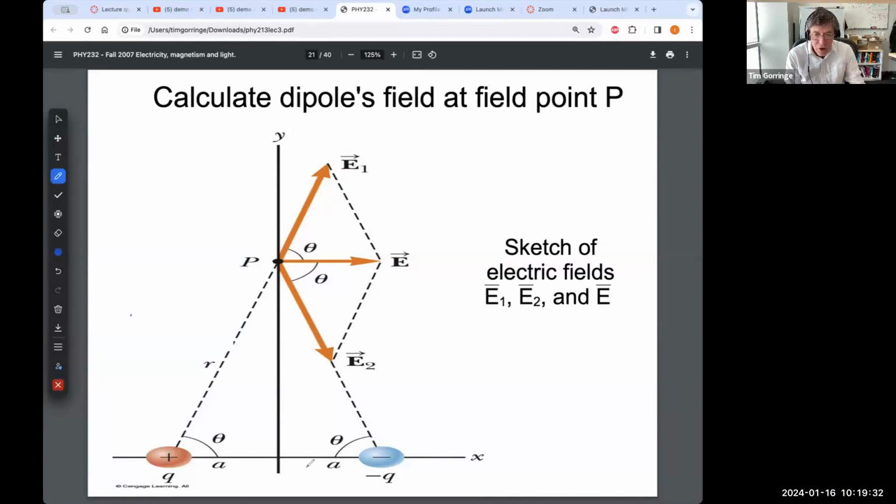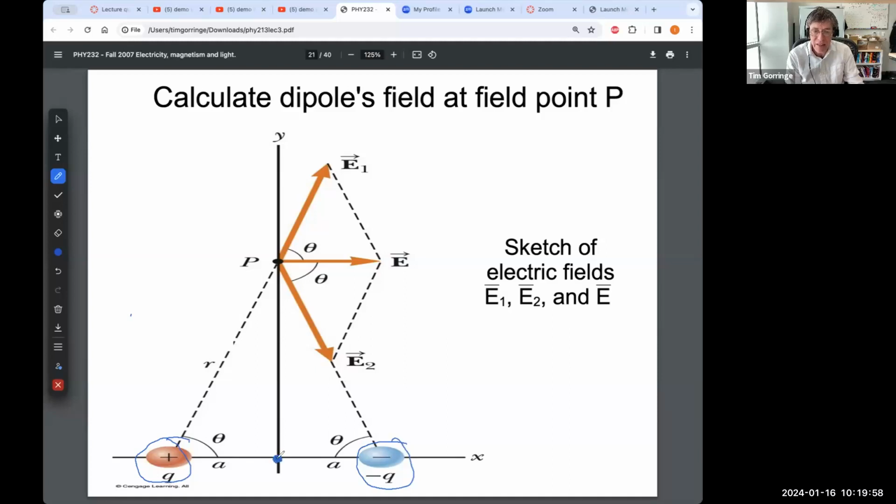On this horizontal axis here, I've arranged the positive charge over here on the left-hand side, and the negative charge over here on the right-hand side. I've placed the negative and positive charges equal distances from the origin.